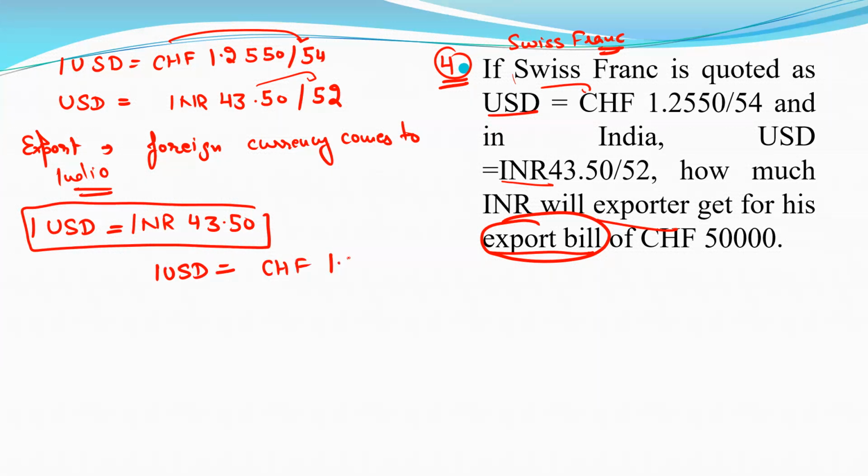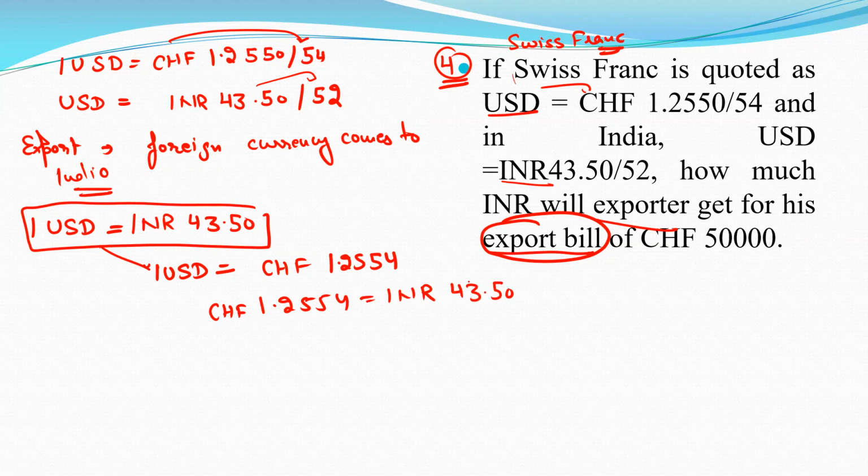CHF 1.2554 is equal to 1 USD, which is equal to INR 43.50.